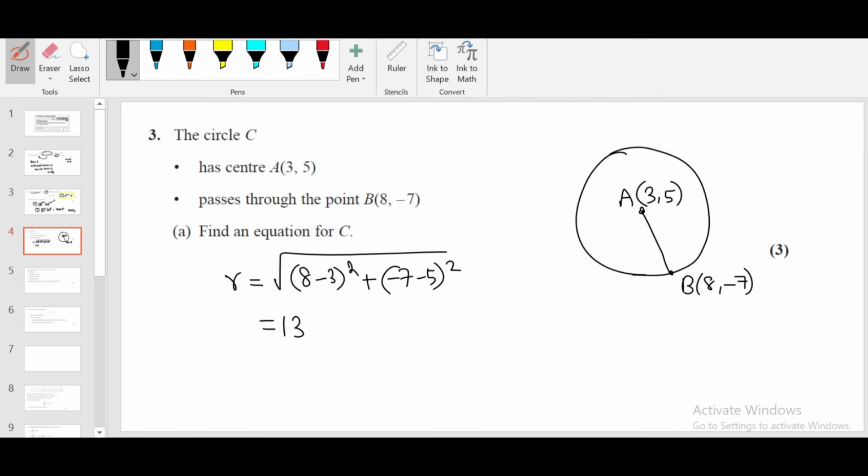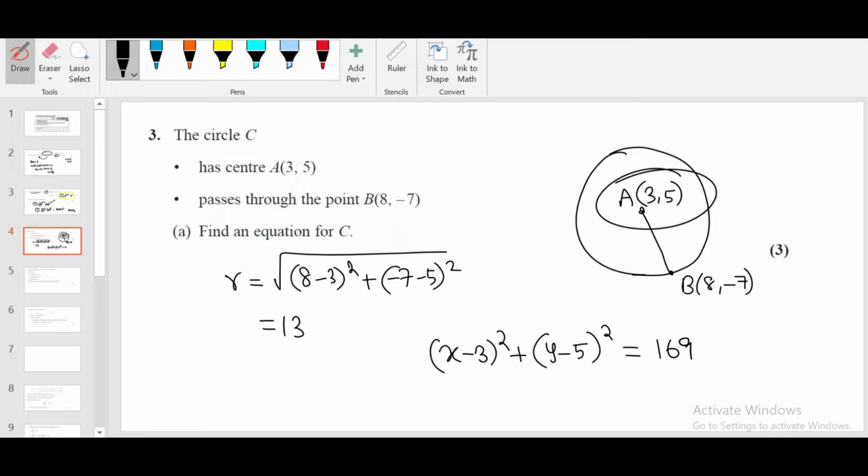You can straight away write the equation using the center. x minus 3 whole square plus y minus 5 whole square is equal to r square. 13 square is 169. That's all. Easy 3-mark. Let's move on to the next part now.